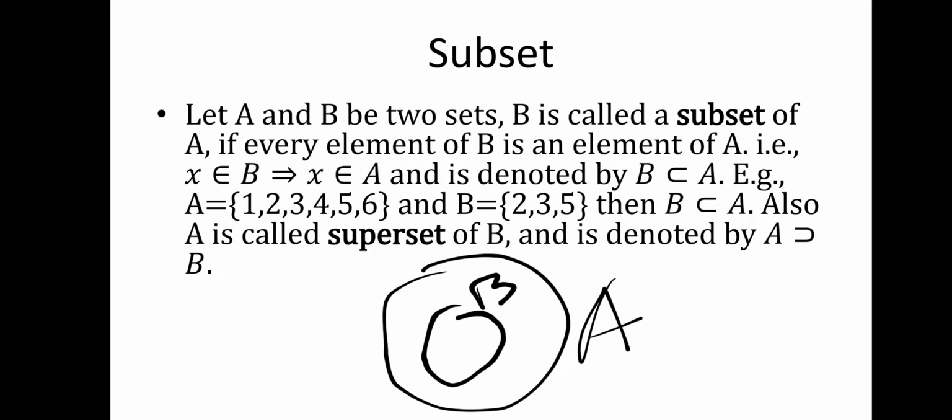Fine. Now if I take the example A, which is {1, 2, 3, 4, 5, 6}, and B is {2, 3, 5}, then I can see that all the elements of B are actually in A, and hence I can say that B is a subset of A. Fine.